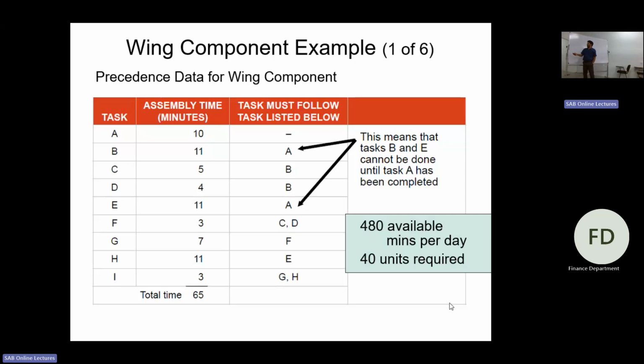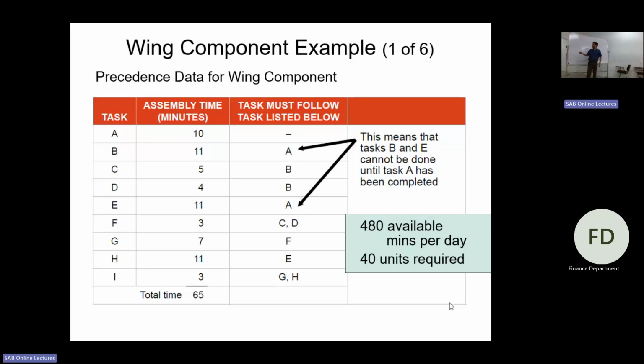Now we need to consider other information and decide the other important values here. It says within a day 480 minutes are available for production. So likewise, you should be given the available production time.